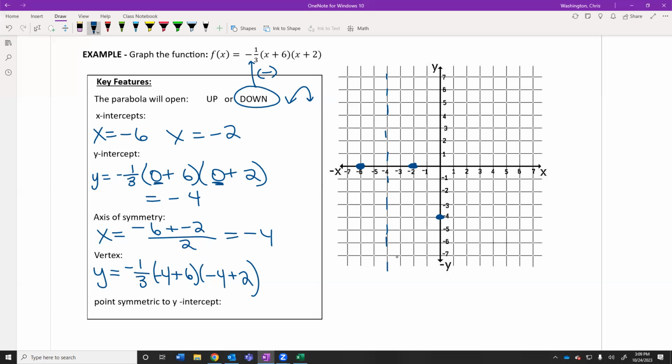And we end up with positive 4/3, which as a decimal is like 1.333.